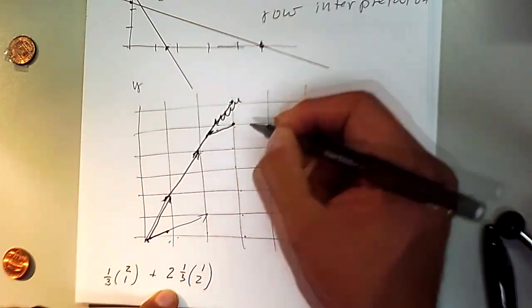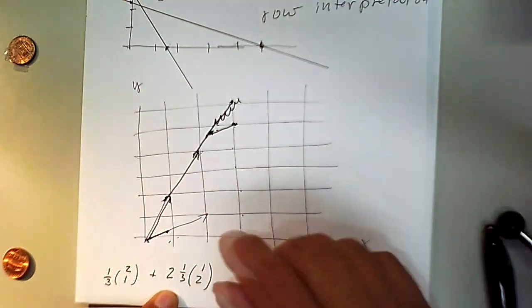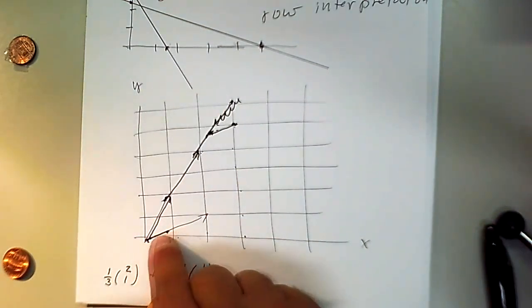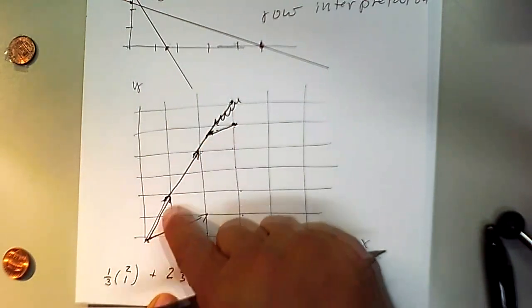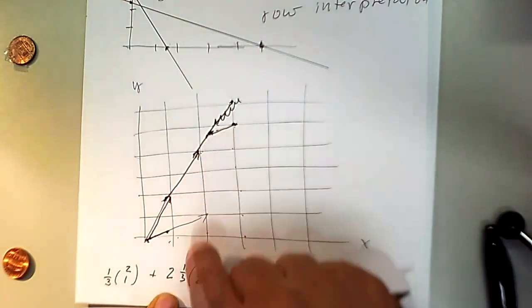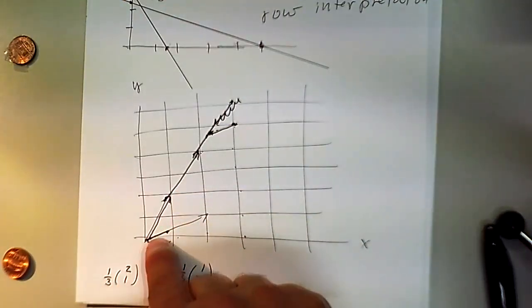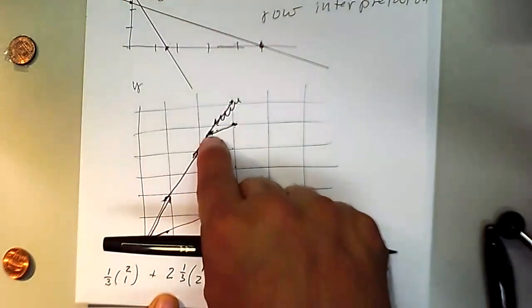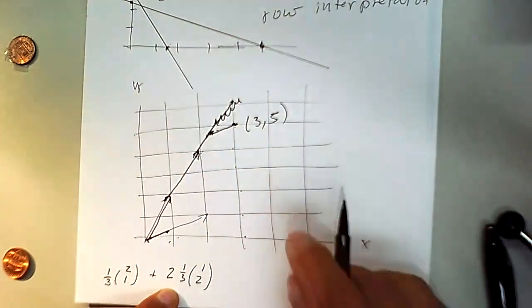And I'm using a marker, so that's making things worse. Yep. Because I have to keep the same slope. So that is 1, 2, and 1/3 of this vector, a third of it, and that takes us to the point 3, 5.